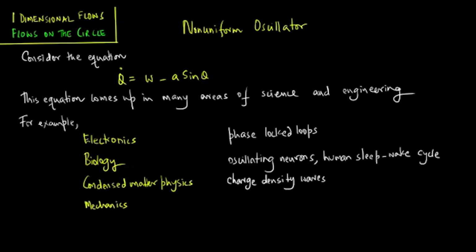And in mechanics, you have the overdamped pendulum, which is driven by a constant torque. Now, these are just a few examples of nonlinear oscillators which arise in science and in engineering.